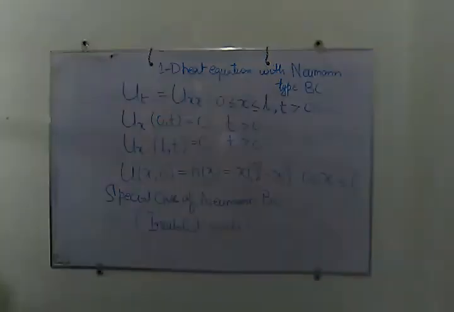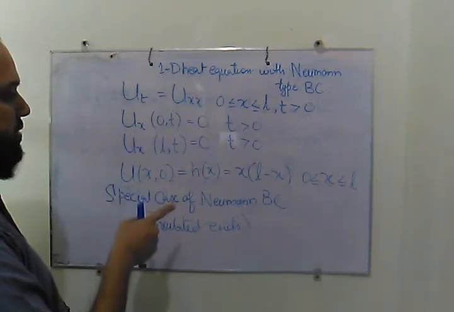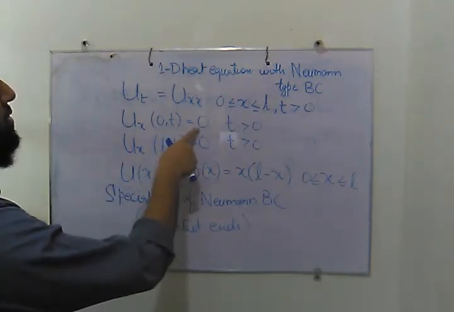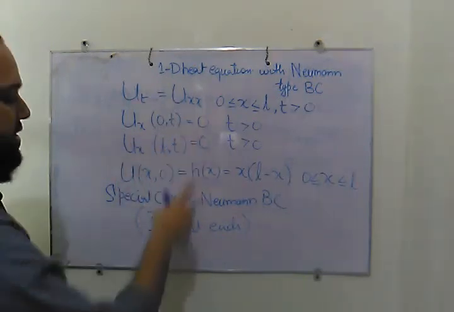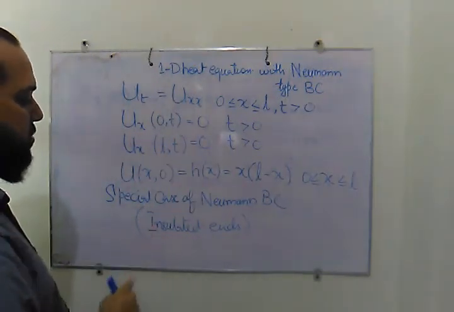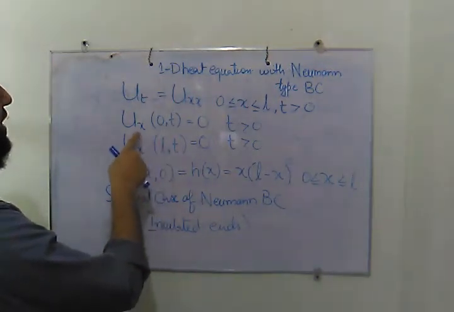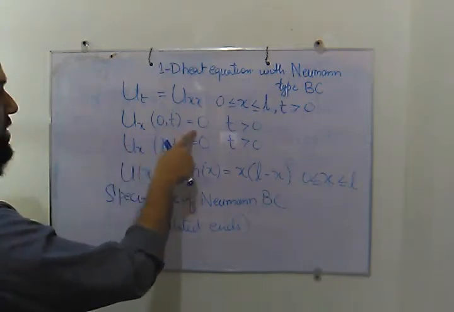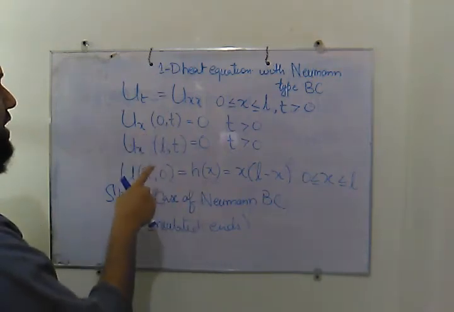Because if there is no change at the ends, then the boundary conditions are equal to 0 only in that case. We also call it insulated ends because there is no rate of change, no flux at the ends.